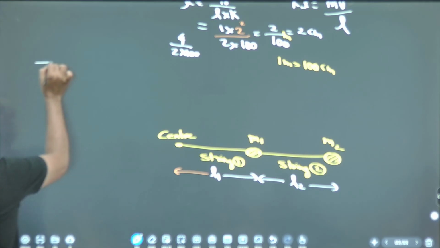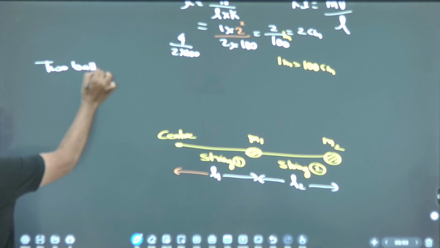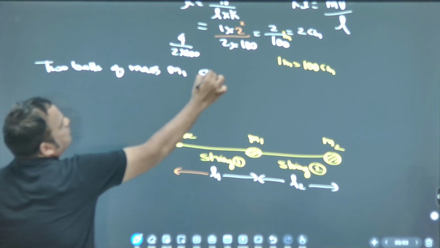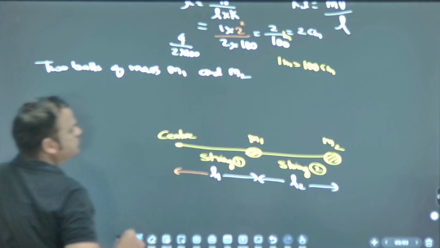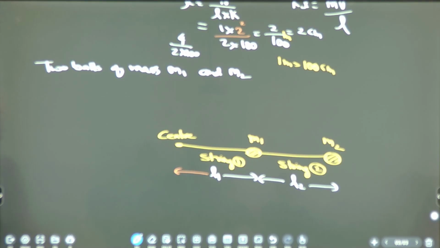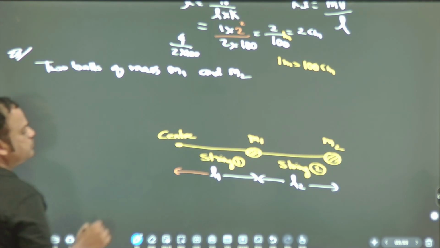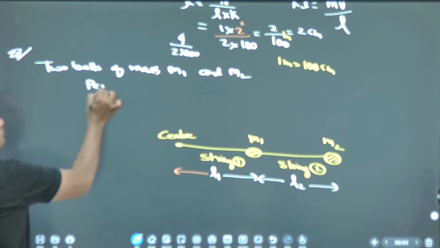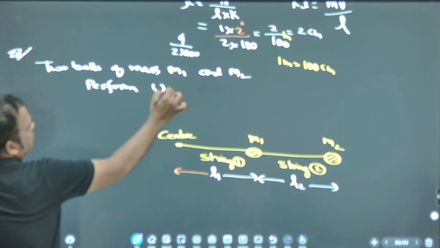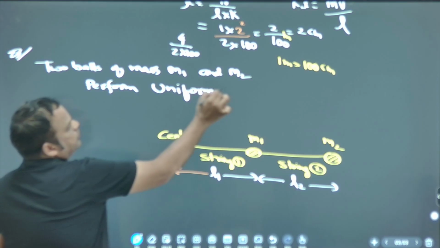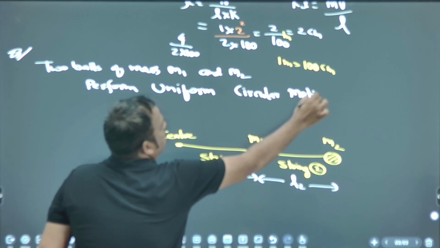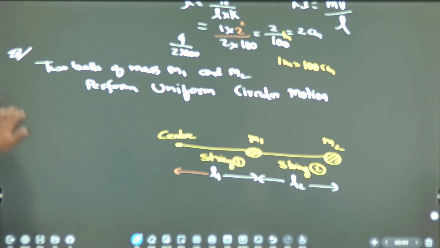So note down: two balls of mass M1 and M2 perform uniform circular motion. Okay, note down.